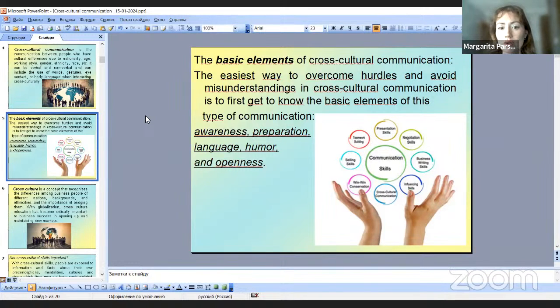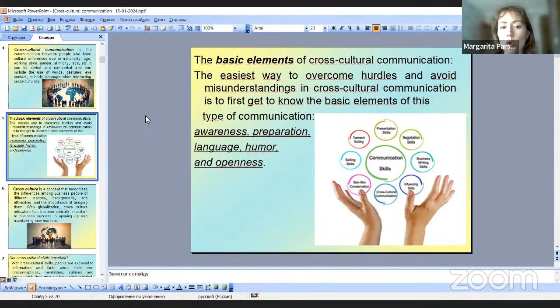Humor: we must not be very serious when we're in difficulties in the process of communication, because it can be hard for people from a different nationality to express their feelings and thoughts in a language which is not native to them.